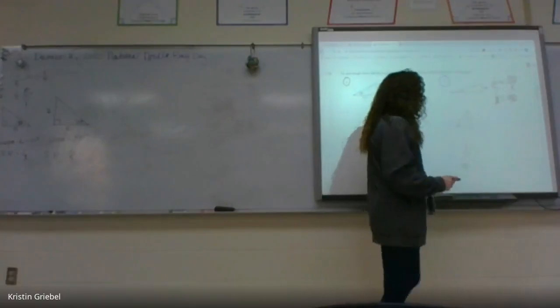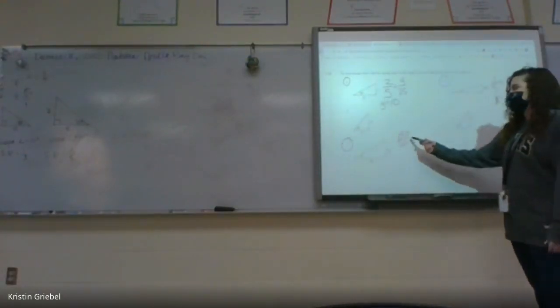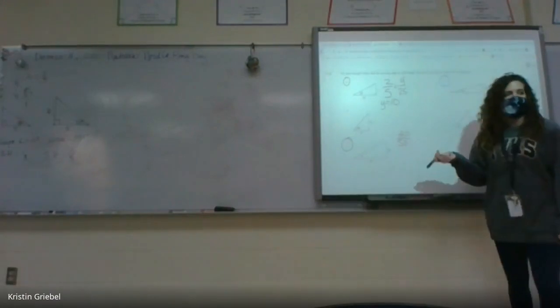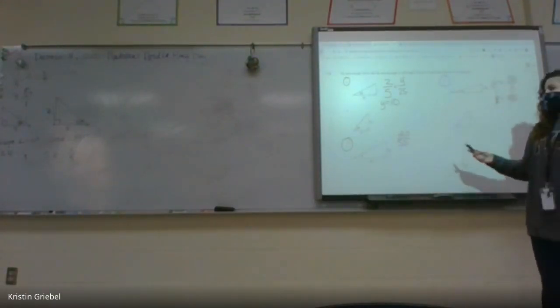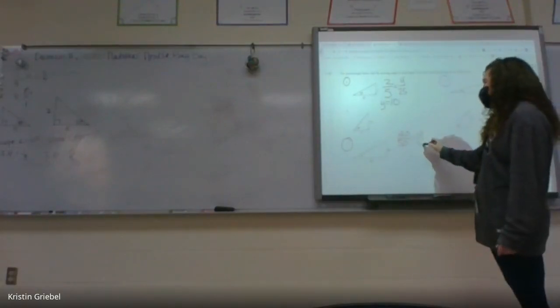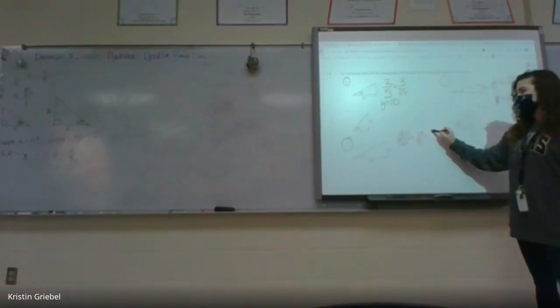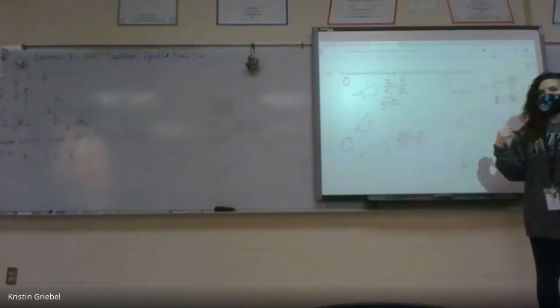All right, so we know that all of our slopes, if it's not one of our original ones we started with, they can reduce. So what does 20 over 50 reduce to? 10 over, did you say 10 over 25? Okay. And then what? 2 over 5.